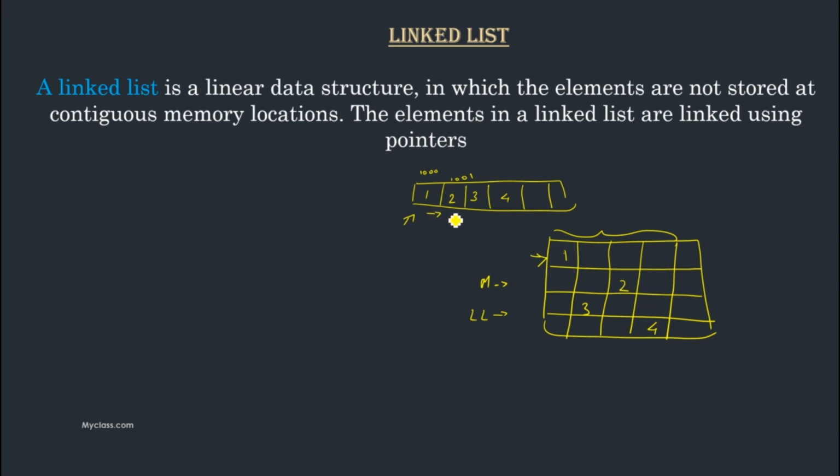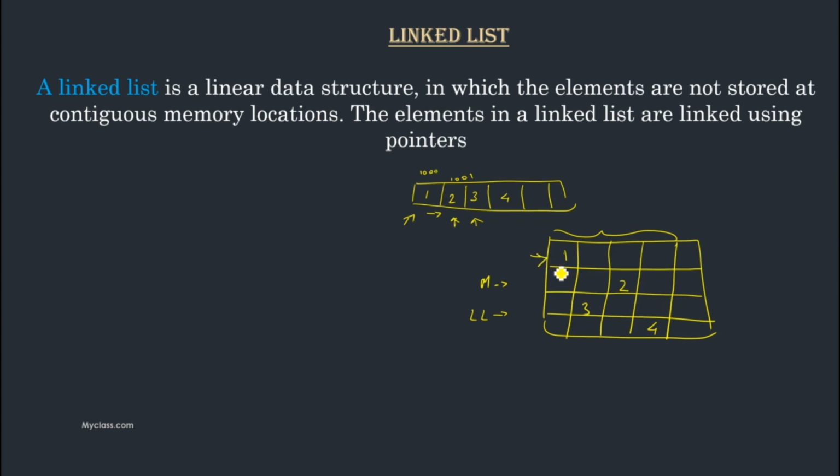In an array, the second element should be in the next memory location. According to the type of the array, we can easily calculate at which address the third or fourth element is there. But for a linked list, it is difficult.